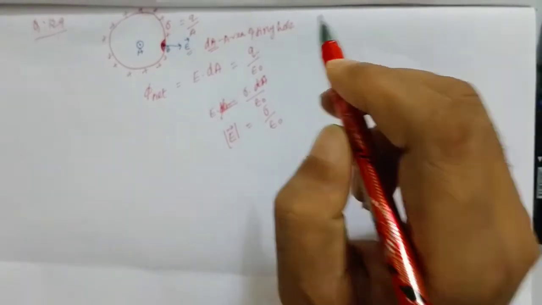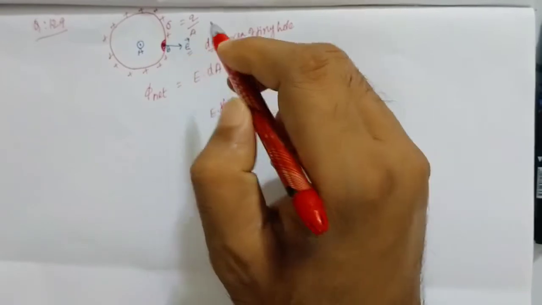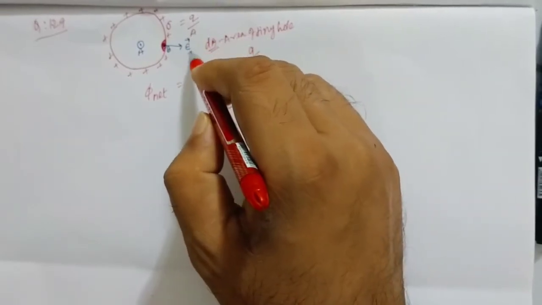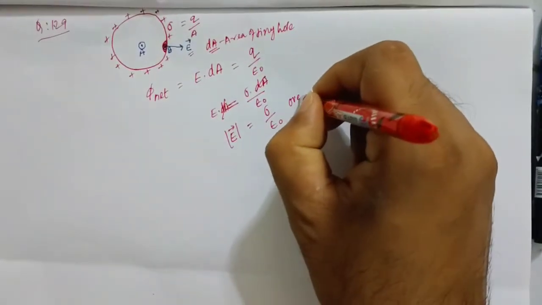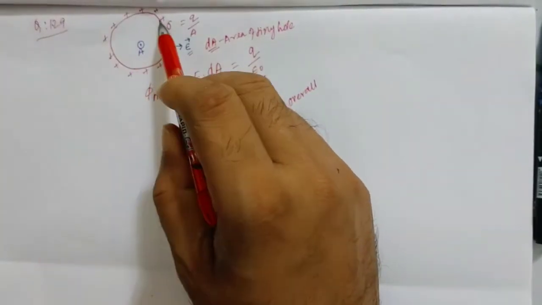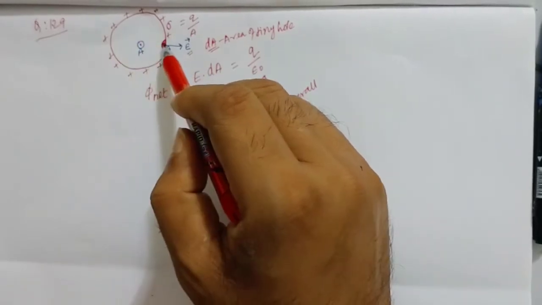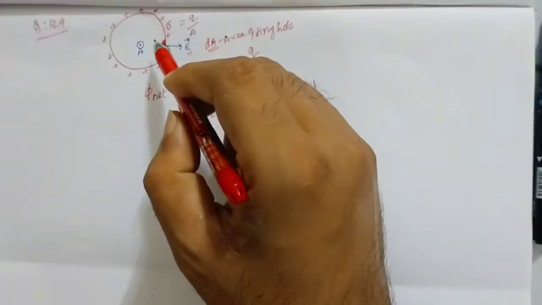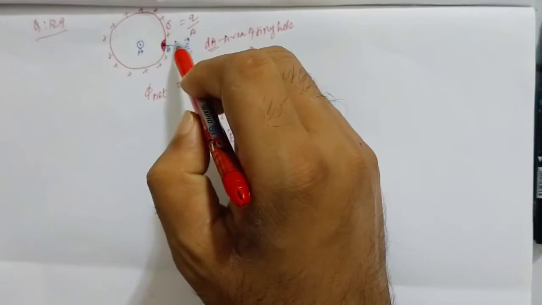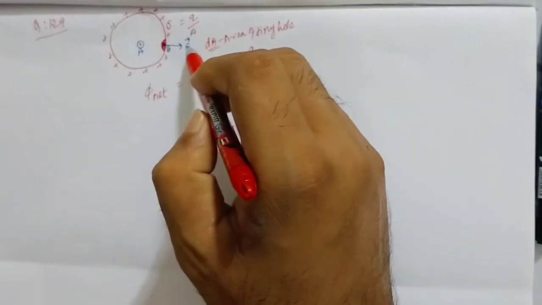Now here, if you consider this electrical field, the overall electrical field for a conductor body, the remaining area without the tiny hole will contribute one electrical field.